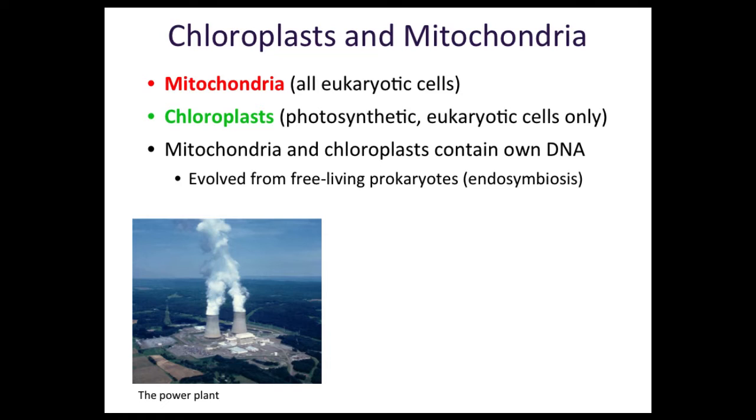Chloroplasts are only found in those photosynthetic eukaryotic cells. Both of them are unique because these organelles contain their own DNA. And this DNA is slightly different from the DNA found in the nucleus in the cell.